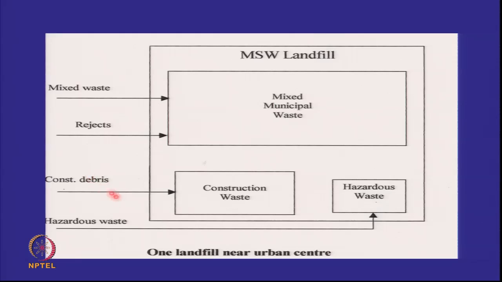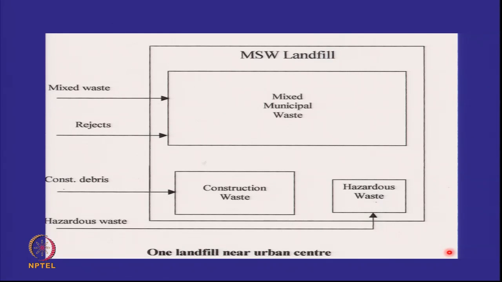Whereas if all three are together, the infrastructural overheads are much minimized. However, it will depend on the distances involved. If you are a large municipality or a mega city and your transportation costs are very high, then you may not put them in one place, you may put them in three separate places.